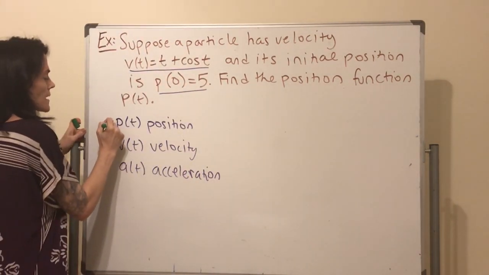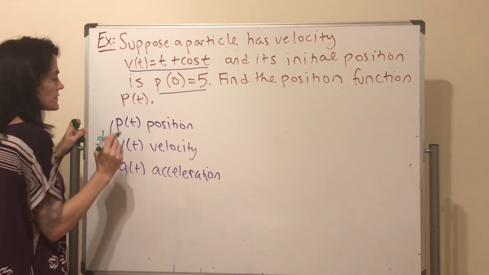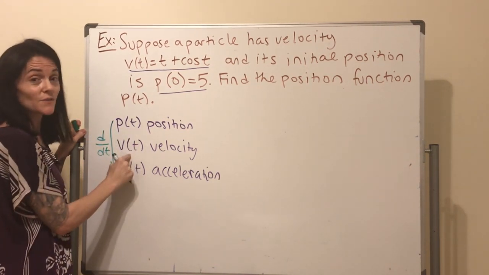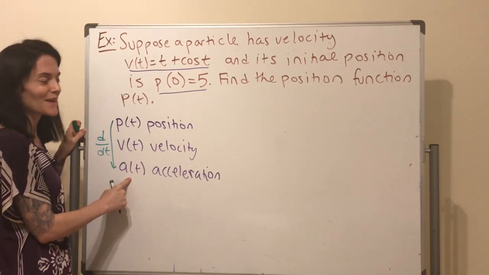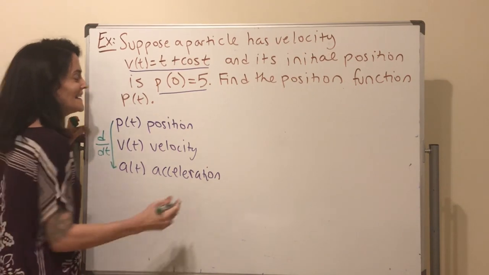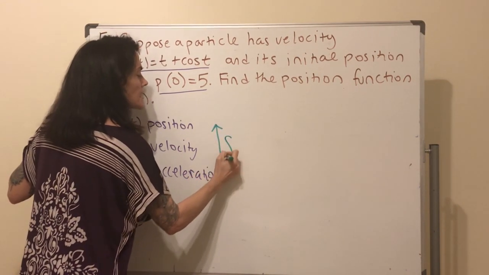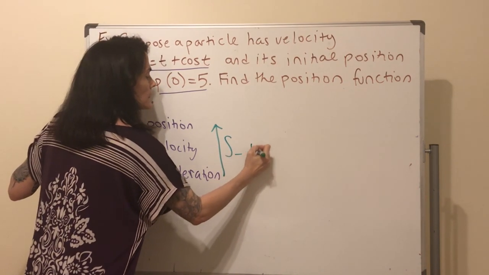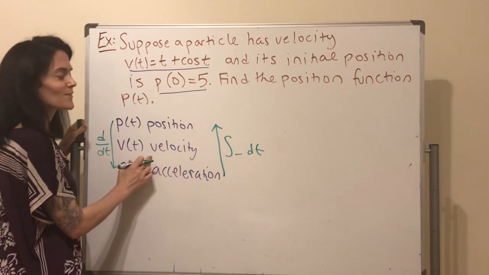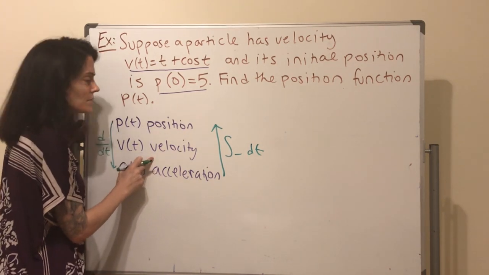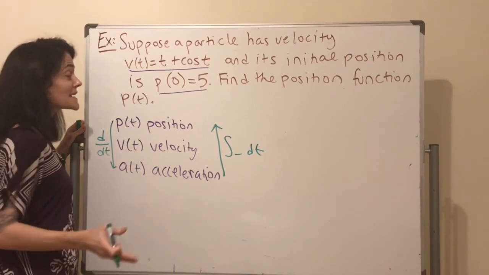Going in this way, we take the derivative. The derivative of position is velocity. Derivative of velocity is acceleration. Okay? Now, if we go this way, this is taking the antiderivative. So we integrate acceleration, we get velocity. We integrate velocity, we get position. Okay? Because of this relationship.